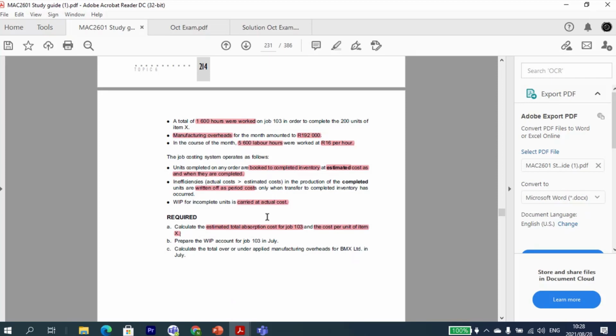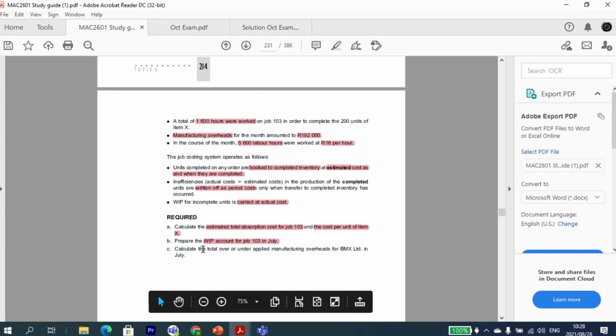So they want the total cost for job 103, and then they want the cost per unit for item X. Then we need to prepare a WIP account for job 103. Then we need to calculate the total over and under manufacturing overhead for BMX Limited.